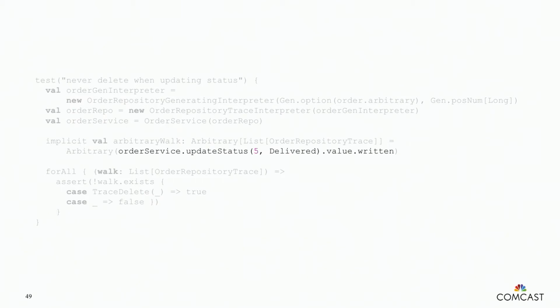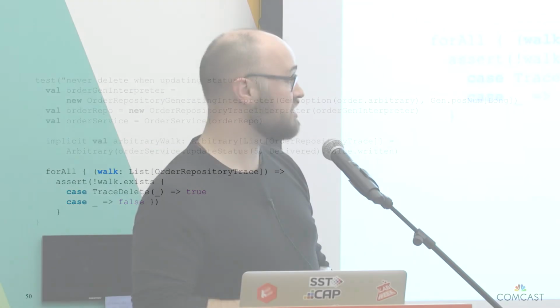It ignores the return value. And then I can write my property. I can say for all the walks in that code, assert that none of them ever call delete. And this runs, and luckily my simple code never calls delete. Although I did add a delete in there just to make sure that this would fail miserably in that case.